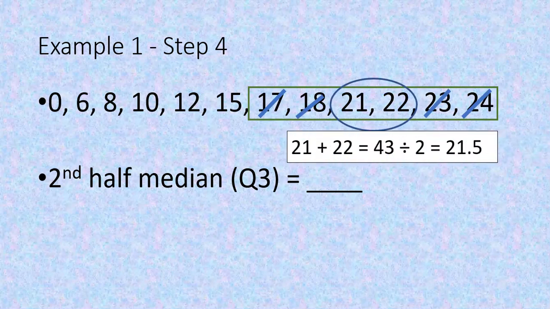So we're going to do 21 plus 22 equals 43. Divide that by 2 because we just added 2 numbers together, and that gives us 21.5. So our second half median, quartile 3, is 21 5/10. And we now found all of our quartiles.